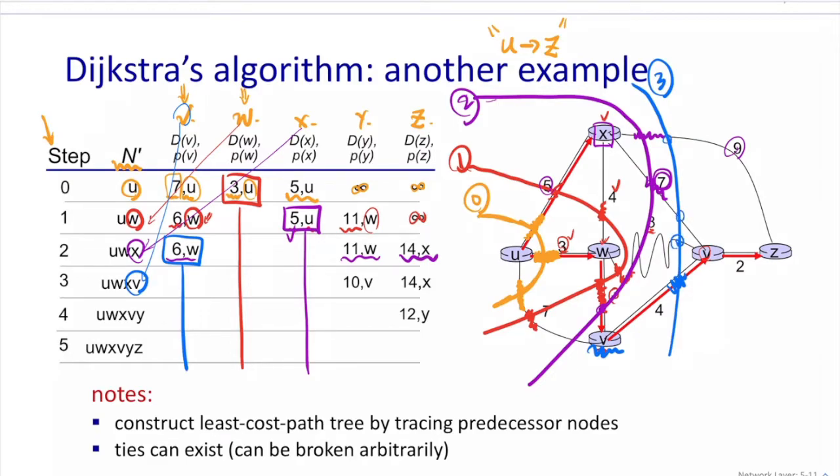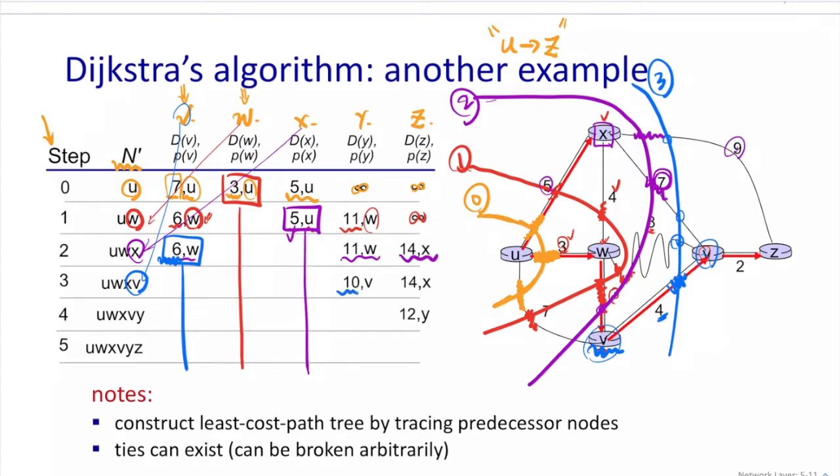But as you know, V only can reach Y through this blue boundary, right? So let's take a look at if V helps. To reach V, it takes 6 cost. And to reach Y through V, the answer is 6 plus 4, so that is 10.